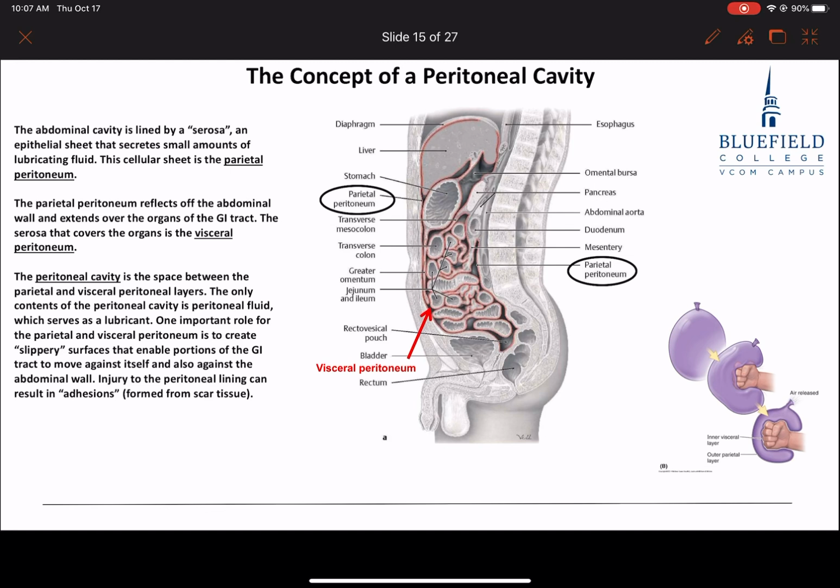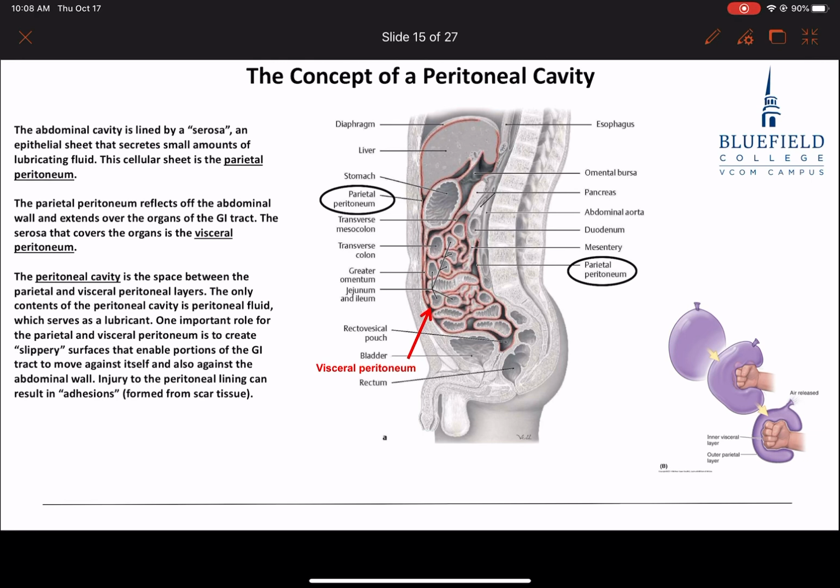But the peritoneum, which is a serosa, which means it's an epithelial layer, secretes a very lightweight, almost oil-like fluid. It's very slippery. Even though these segments of the GI tract are touching one another and moving across one another, unless there's some kind of disease or infection, they don't stick together. It's very mobile, very slippery.